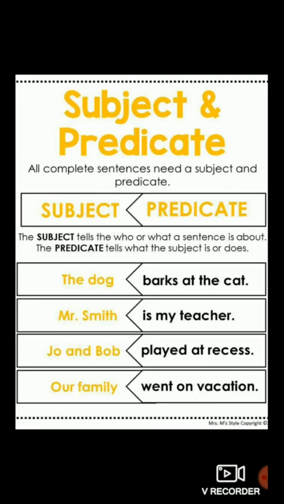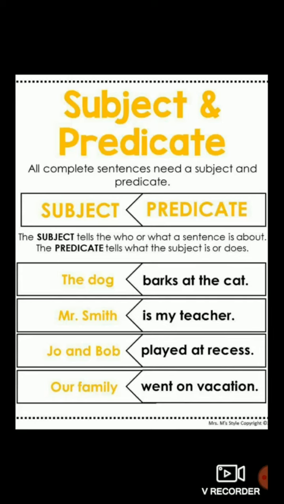Why is it the predicate? Because it is a telling part as well as it starts with a helping verb. What is the helping verb here? Is. Who is my teacher? Mr. Smith. You will get the subject as an answer.